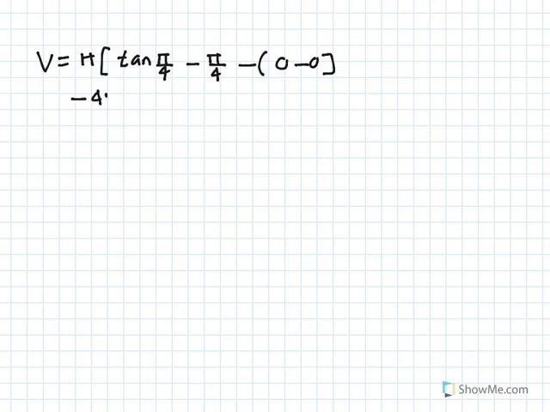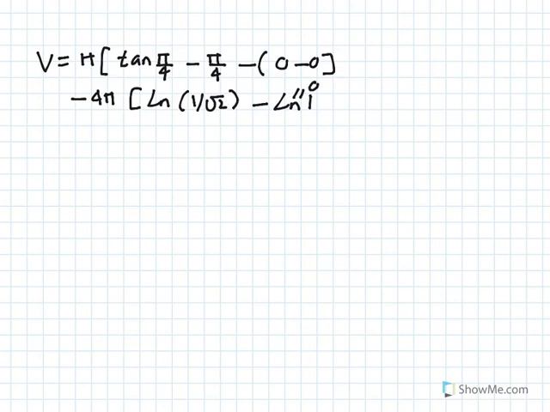We get volume is equal to pi times tangent of pi over 4 minus pi over 4 minus tangent of 0, which is of course 0, minus 0, minus 4 pi times log of cosine of pi over 4 is 1 over root 2, and minus log of cos of 0, which is 1, and log of 1 is of course 0.